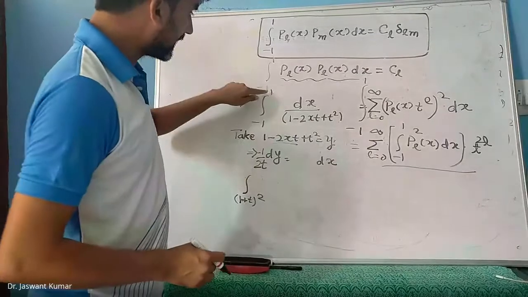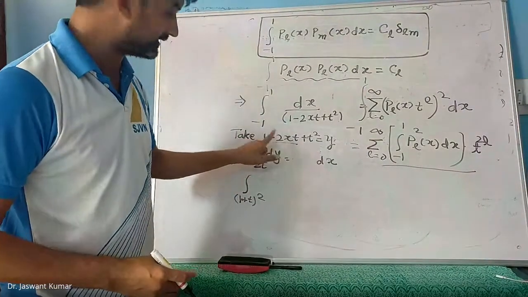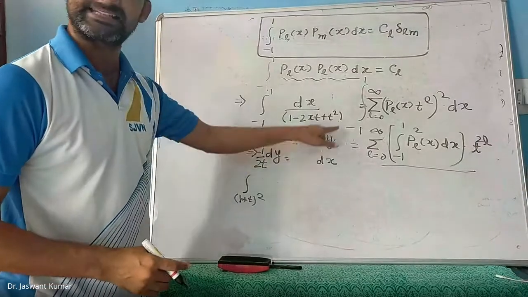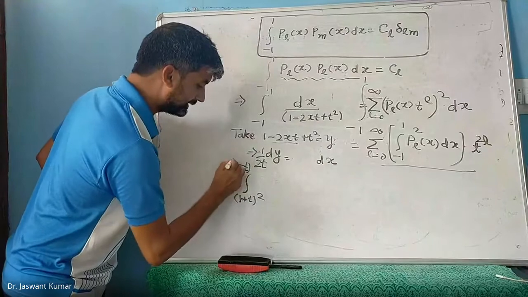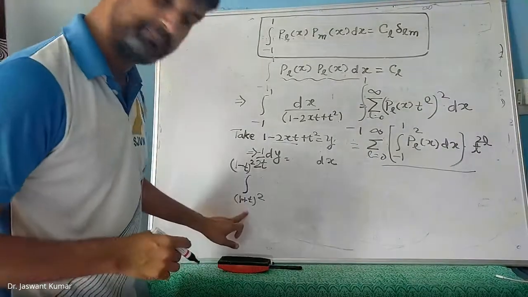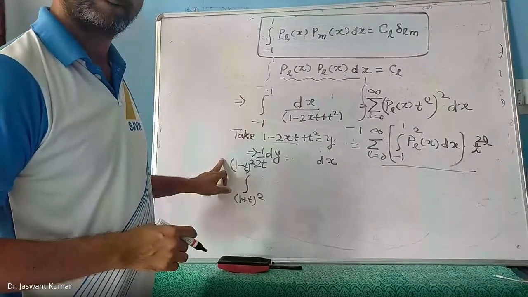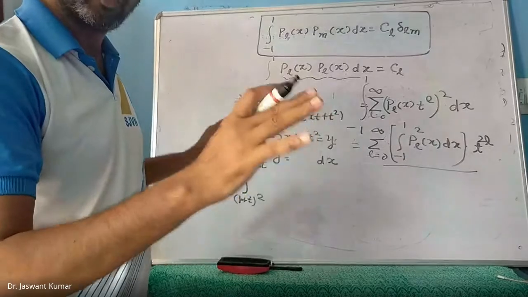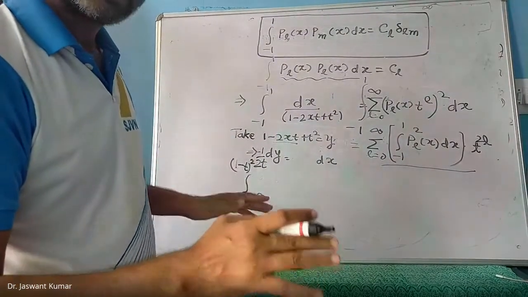The upper limit was plus 1. If you put x is equal to plus 1, then it is 1 minus 2t plus t square, which is 1 minus t whole square. So y minimum is 1 minus t whole square, y maximum is 1 plus t whole square. Are you all happy with this?